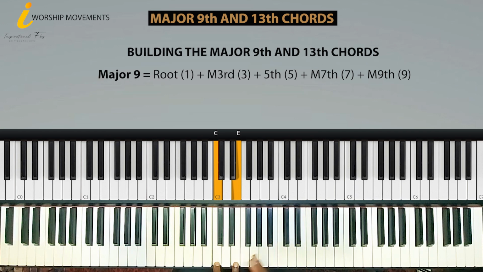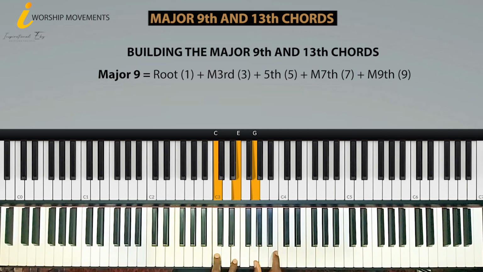Or you can use the number system. We just have the 1, the 3, and the 5. So the number system related to the C major scale: 1, 2, 3, 4, 5, 6, 7, 8, 9, 10, 11, 12, 13. So we have the 1, the 3, and the 5. This is the C major triad.